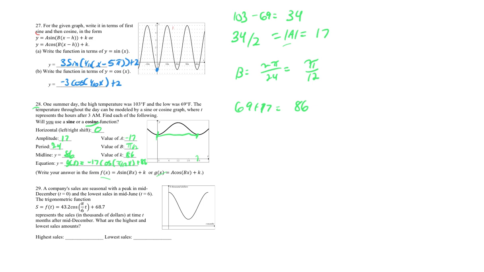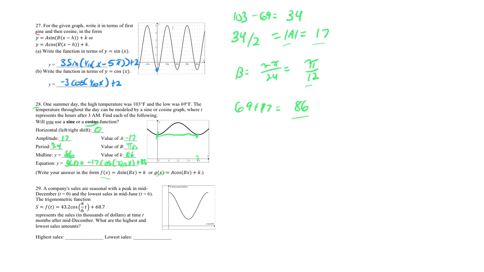For those of you who chose to do sine, things will be very similar. Your amplitude is still 17, and your value of A will be a positive 17. Your B will be the same. Your midline will be the same.